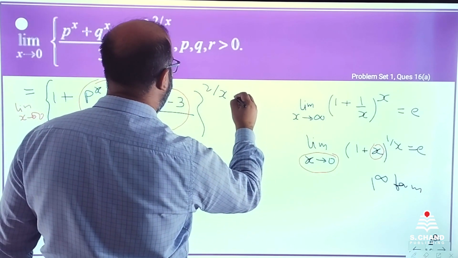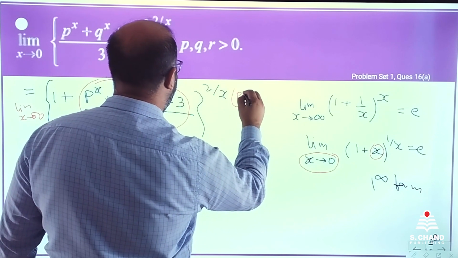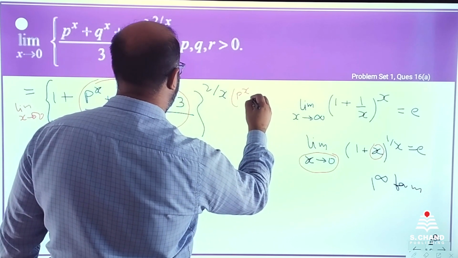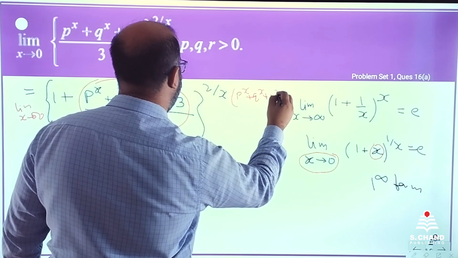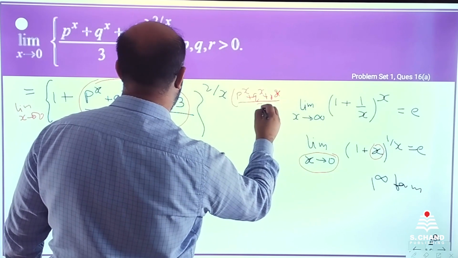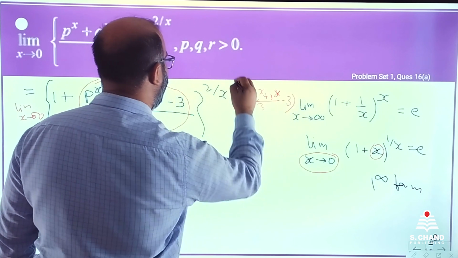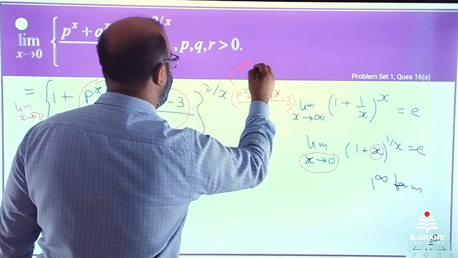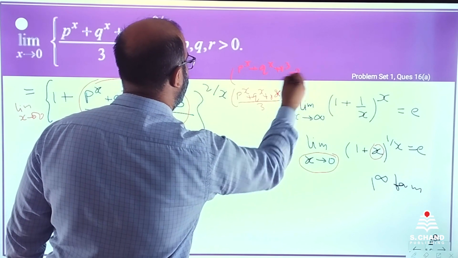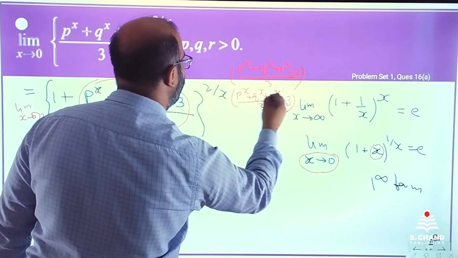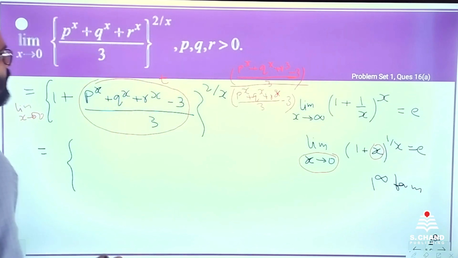We have to multiply by p to the power x plus q to the power x plus r to the power x minus 3 by 3 in the denominator, and the same thing, p to the power x plus q to the power x plus r to the power x minus 3 by 3, in the numerator. So we do like this.